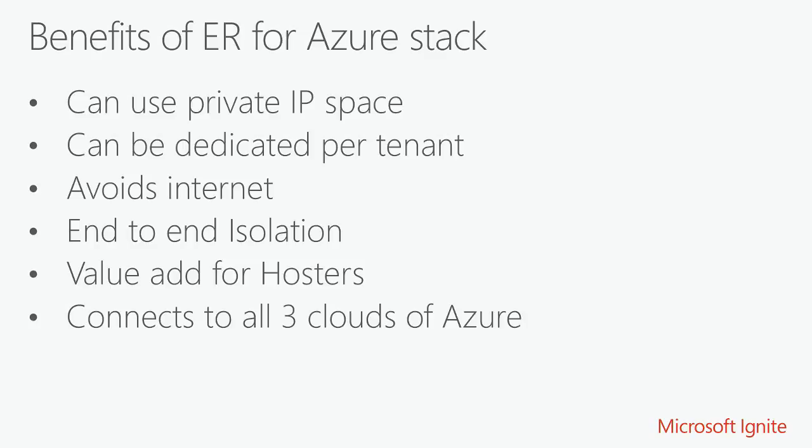Each tenant can have their own ExpressRoute circuit so that the other tenants will not affect your traffic. And because it doesn't go through the internet, it satisfies some of the security requirements, and it provides end-to-end isolation. So tenant A and tenant B can be behind the same Azure Stack environment. Each of them can have their own ExpressRoute circuit. They don't see each other's traffic, right, all the way up to Azure.